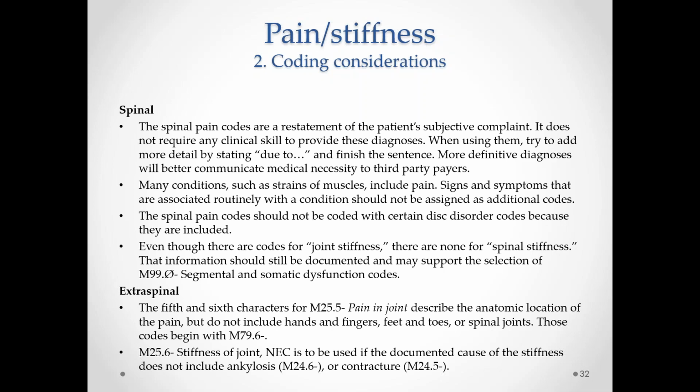If we look up the codes for ankylosis or contracture of joints, which are M24.6 and M24.5, they specifically have an exclusion note underneath them that says do not code for stiffness in these joints, because it's a given. We know they have a stiff joint if they have ankylosis or contracture. That's taken straight from the guidelines. That's just me looking up the guidelines in the book.